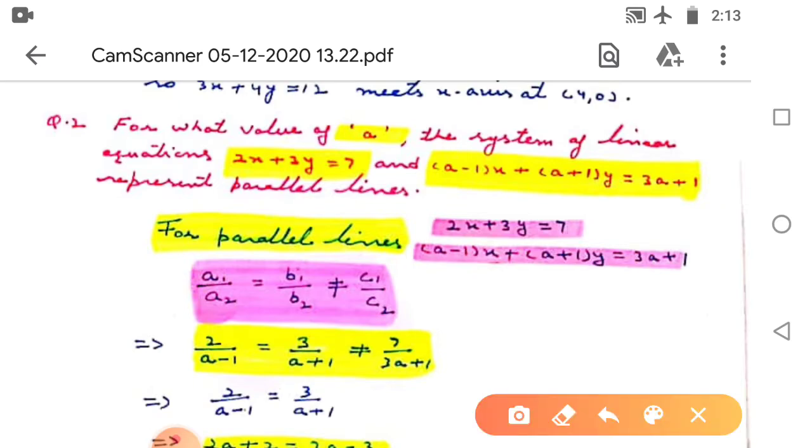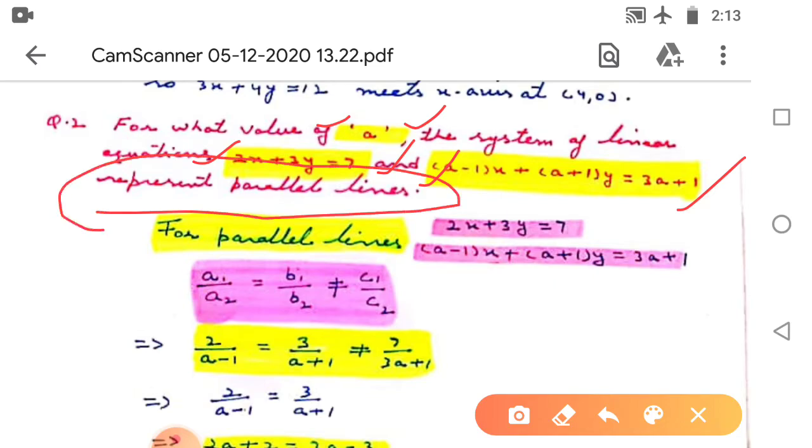Okay, so we need to find the value of a. Clear? And we have two equations, and the condition is they represent parallel lines.